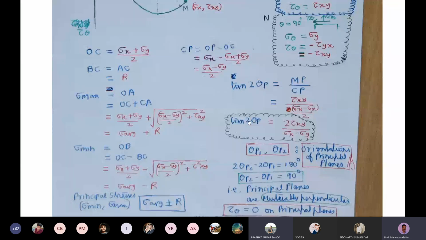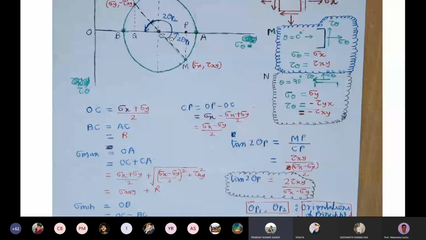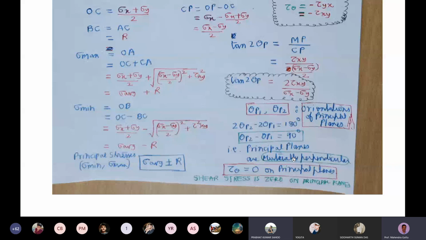If you look at this diagram, 2 theta p2 minus 2 theta p1 is 180 degrees, so theta p2 minus theta p1 is 90 degrees. So the principal planes are mutually perpendicular. This is regarding the orientation of the principal planes.